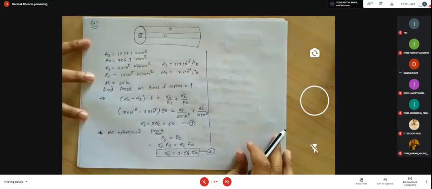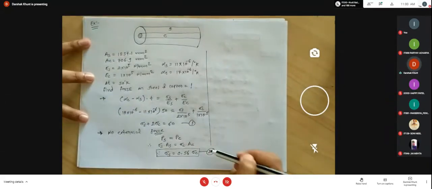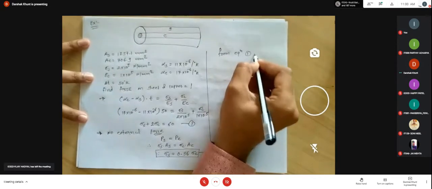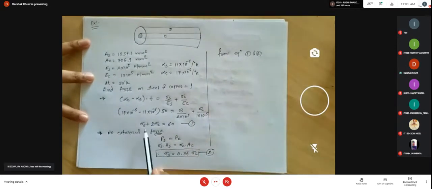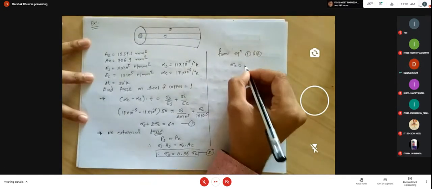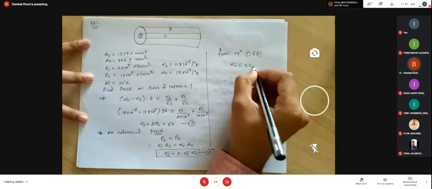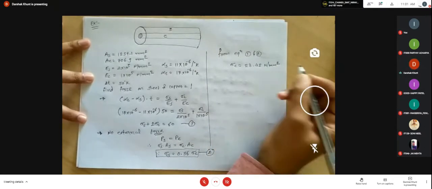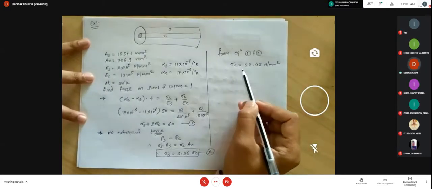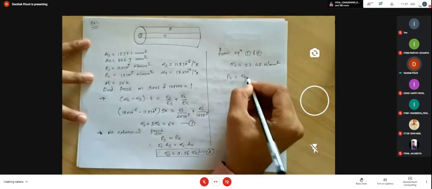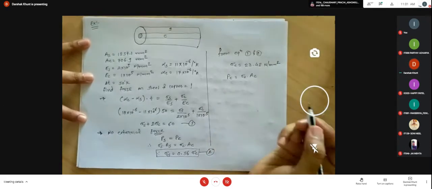Okay. Now from equations number 1 and 2, two unknowns and two equations, so you can easily find the unknowns. Here we get the stress in copper as 23.42 Newton per mm square. Once we find the stress value, we can easily find the force, because force in copper is defined by stress into area.